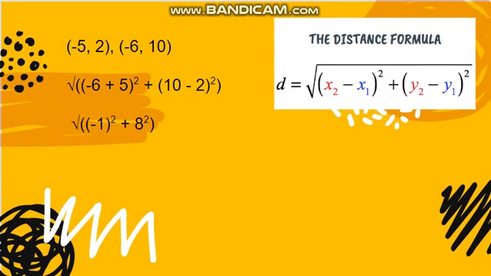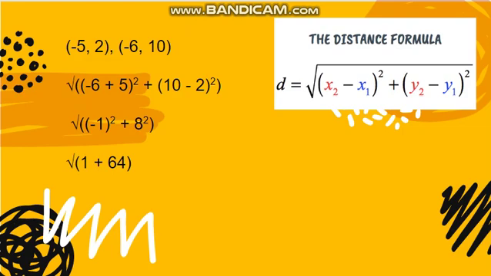So we end up with negative 1 squared. Negative 6 plus 5 is negative 1. 10 minus 2 is 8. So we've got negative 1 squared plus 8 squared. Negative 1 times negative 1 is just 1. 8 times 8 is 64. So we're going to take the square root of 65, which gives us just about 8.06.